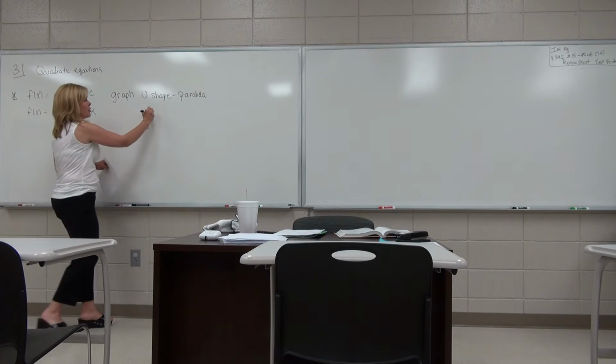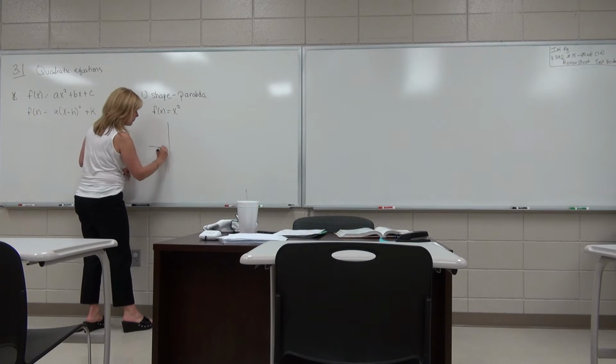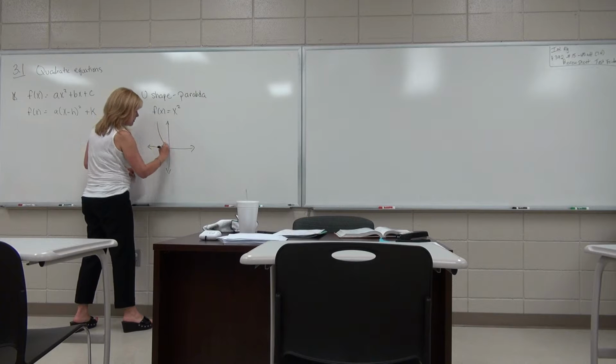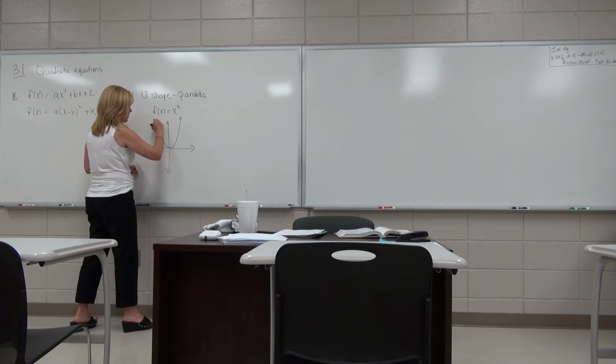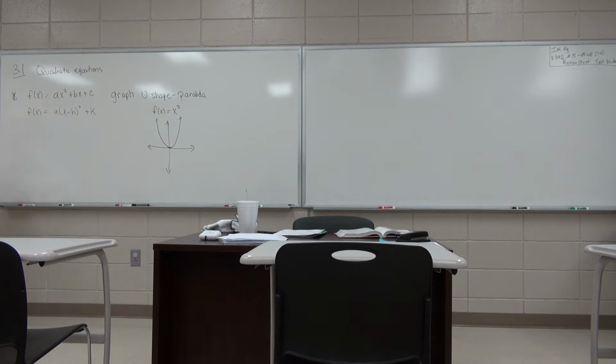So it's your basic graph that we had on this last test, f of x equals x squared. That was the basic graph. And this is what we're going to do. We're going to deal with this U shape, but we're going to graph them when all these a, b, and c are different numbers, and so forth.